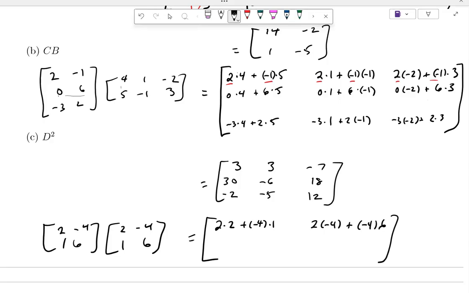Second row will be... okay, and plus 6 times 1. And the other one will be... good. Just like we did the other ones, right? There's nothing any different about squaring a matrix than it was by multiplying two other matrices together.